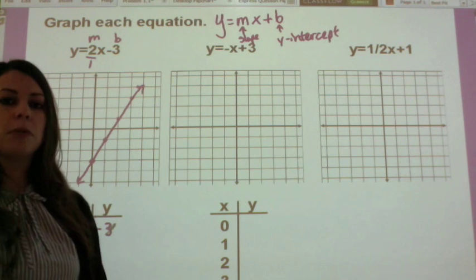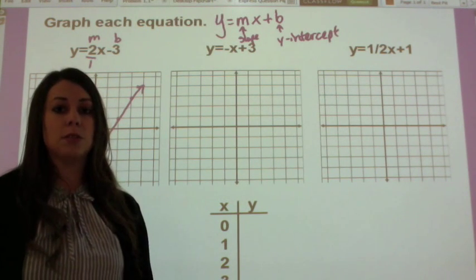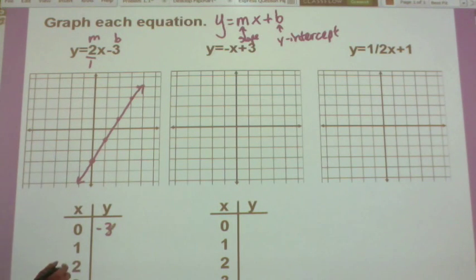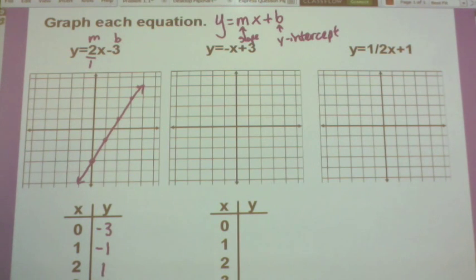Plugging in 1, 2 times 1 is 2, and 2 minus 3 is negative 1. Plugging in 2, 2 times 2 is 4, and 4 minus 3 is positive 1. And the last one, 2 times 3 is 6, and 6 minus 3 is 3.